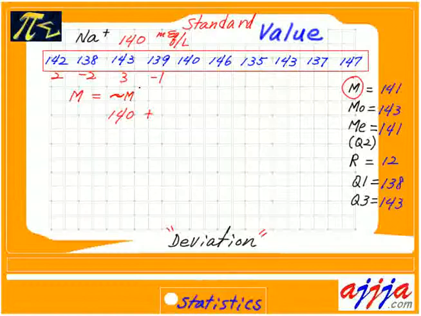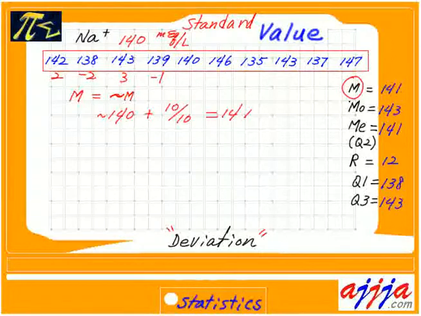These were deviations from this fake mean, 140. Then you add everything, that was 10, divided by 10, then 141.